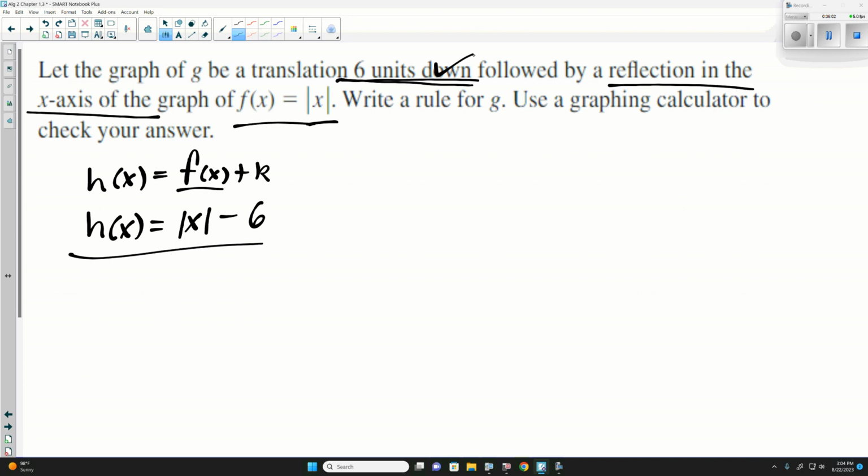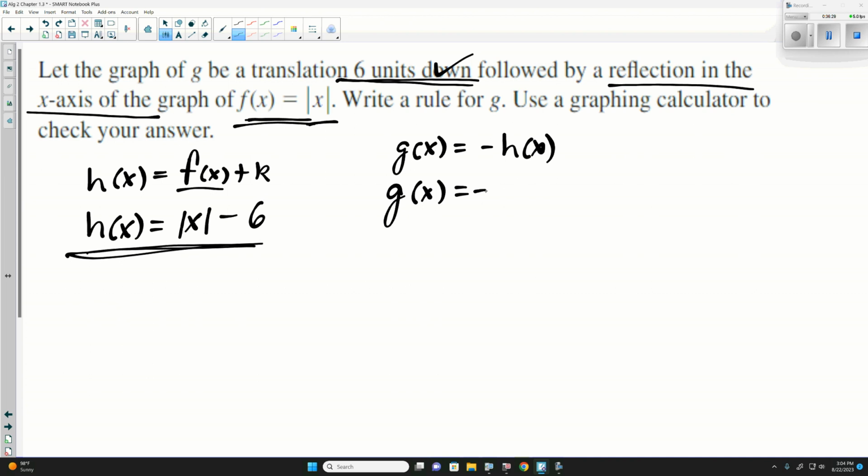Reflection in the x-axis. So it'd be negative f of x, or, because we called the first one h of x, now we're talking about this function down here, not this one up here. But as long as you can keep them straight, that's what's key. Okay? So that over there with the h of x, that's the whole problem.